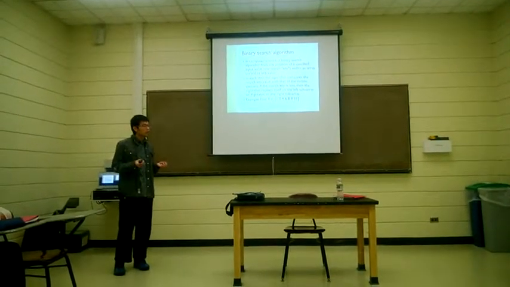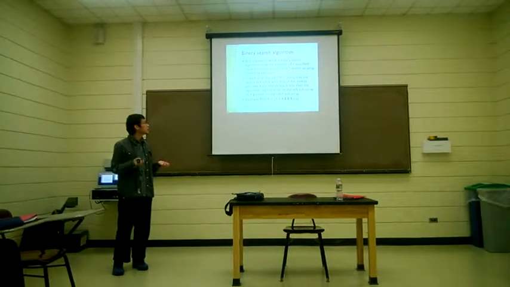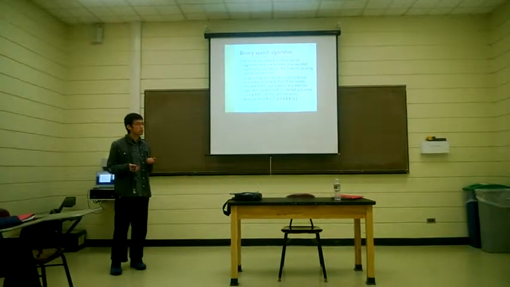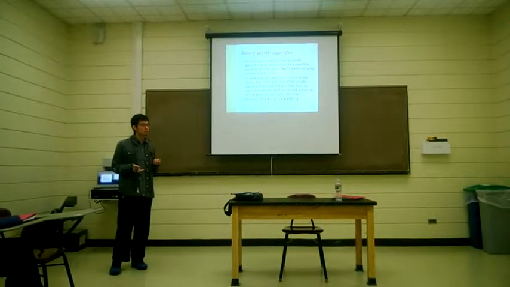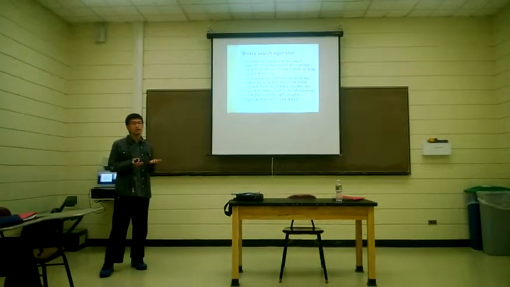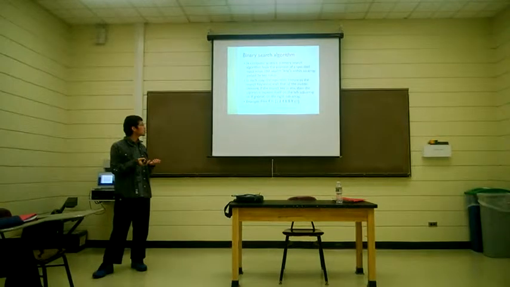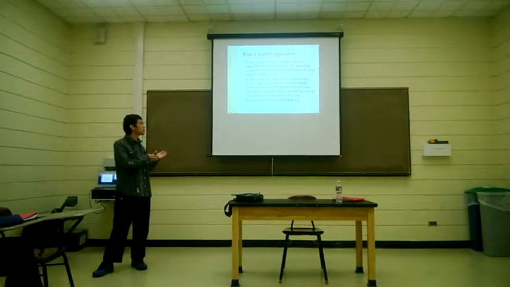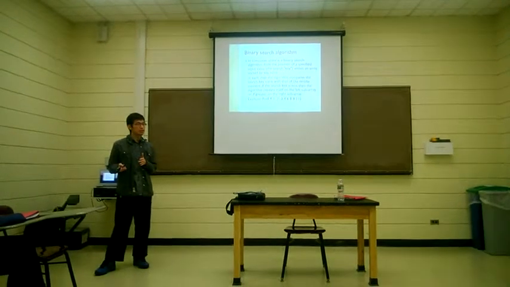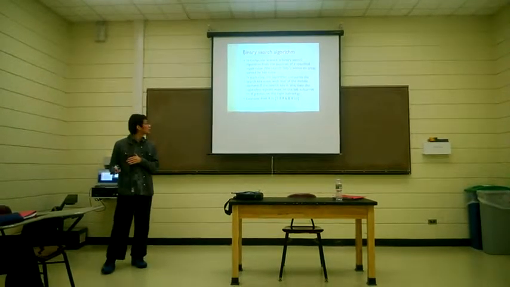At each step, we compare the key with the middle element, and if it's exactly matching, then the search is done. And if the search key is less, then we turn to the left path, and if the search key is greater, then we turn to the right path.